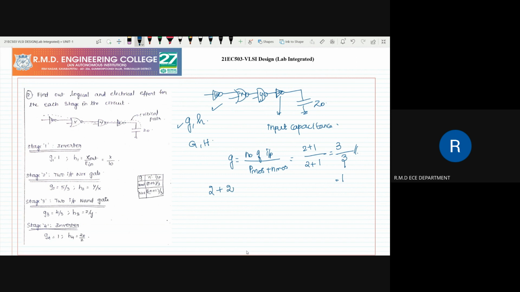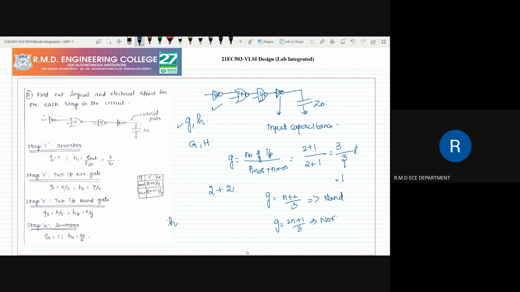The NAND gate is 4 by 3. The general formula for a NAND gate is g equal to (N plus 2) by 3, where N is the number of inputs. For a NOR gate, g is equal to (2N plus 1) by 3.